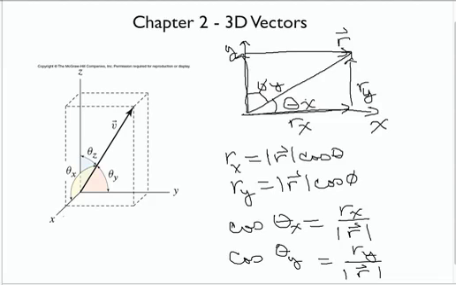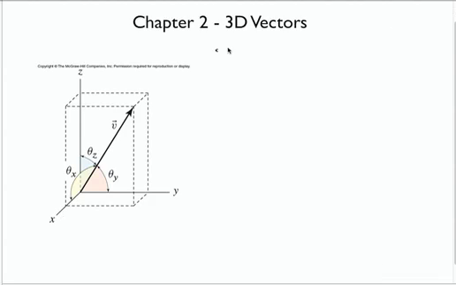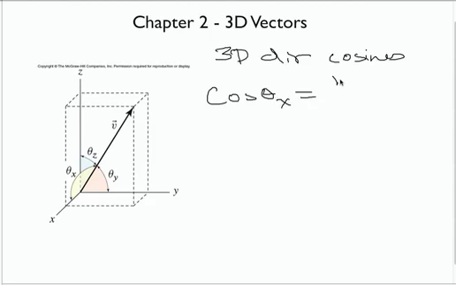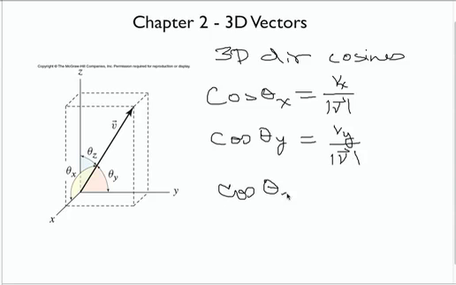But the upshot is we get to define our 3D direction cosines as cosine theta x equals Vx over magnitude V, cosine theta y equals Vy over magnitude V, and cosine theta z equals Vz over magnitude V. All right, so this is how we define our direction cosines.